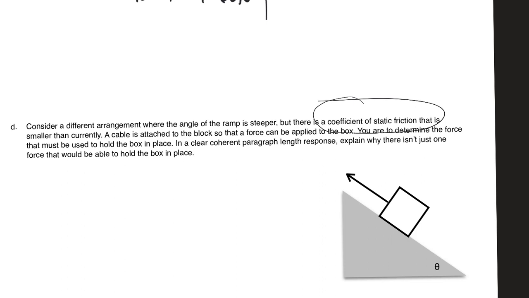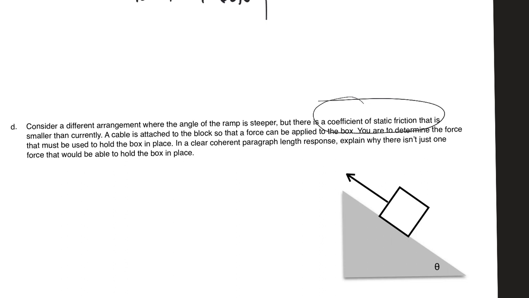So if I were to augment it a little bit, I just wouldn't talk about what type of friction it is. I would say that the angle is increased. No, the box is experiencing a stronger weight down the ramp and would likely accelerate more. So tension would be required to hold the box in place.